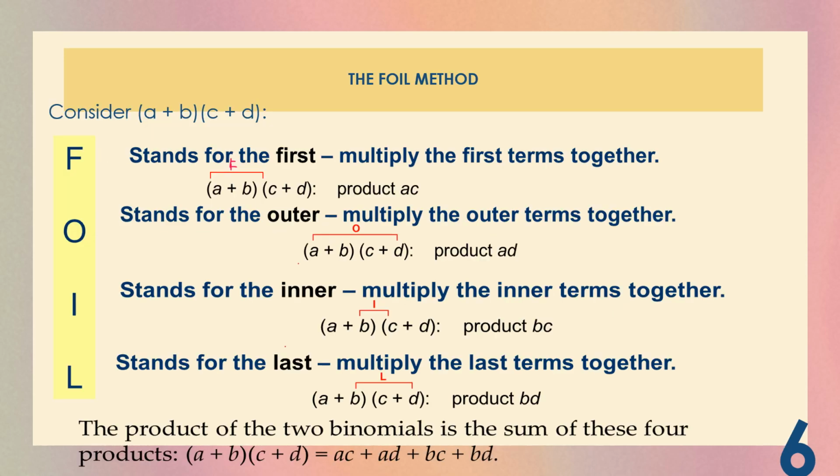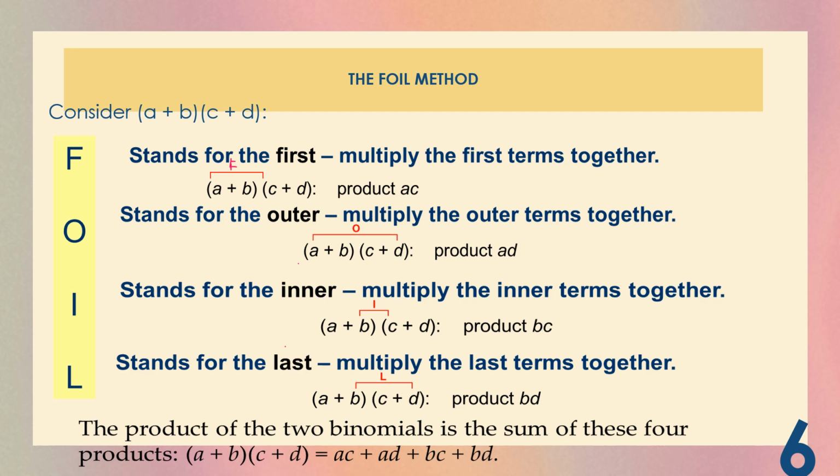The FOIL method. Consider A plus B times C plus D. F stands for first: multiply the first terms, so the first terms are A and C. O stands for outer: we multiply the outer terms, A and D, so the product is AD.